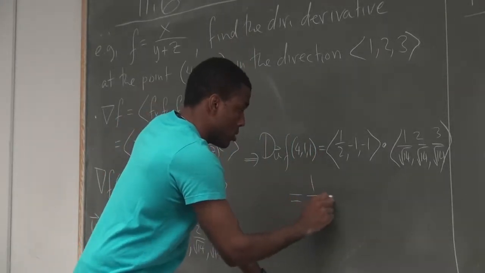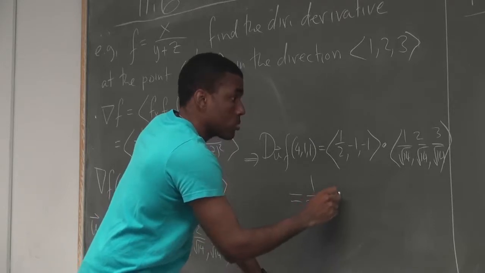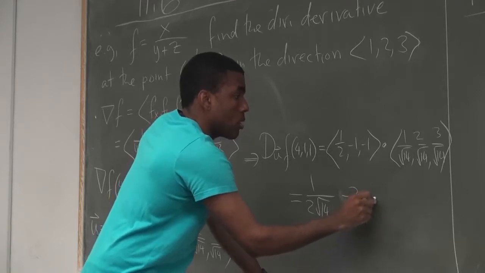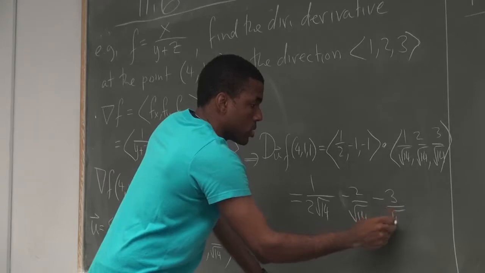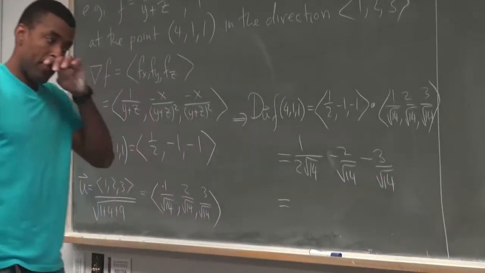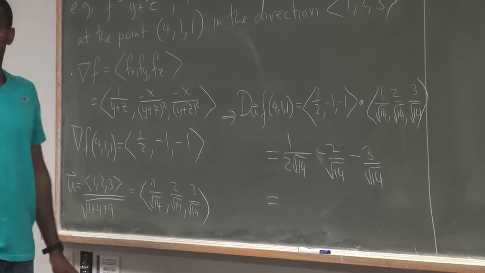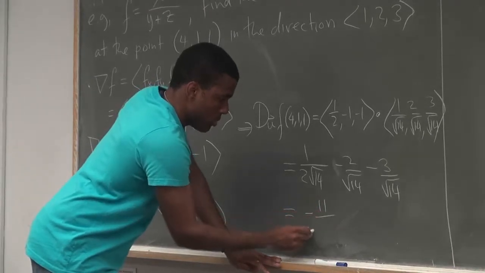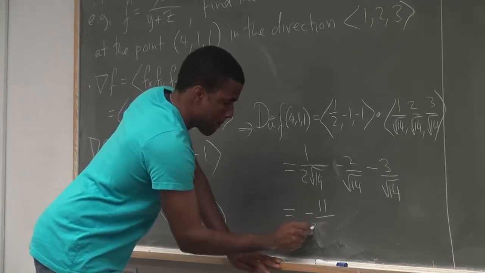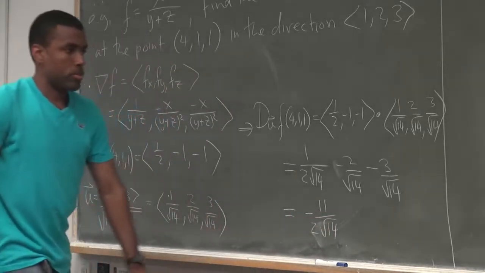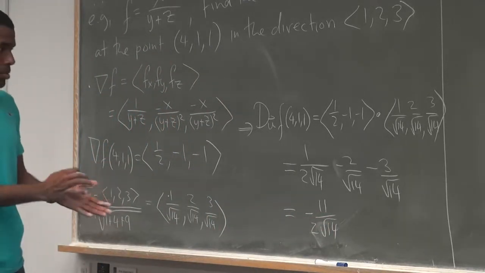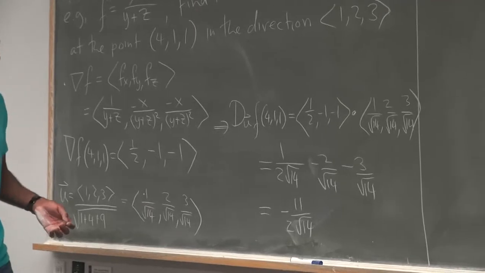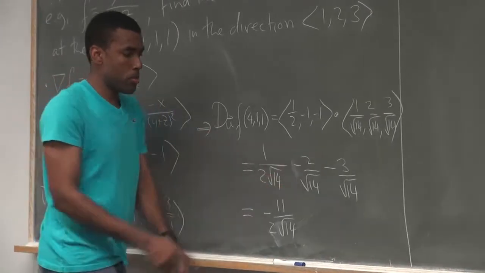So that's just 1 over 2 radical 14, minus 2 over radical 14, minus 3 over radical 14. That gives you what? Minus 11 over 2 radical 14. Is that minus 11? It's 9, because it's a positive 1, and that would be minus.